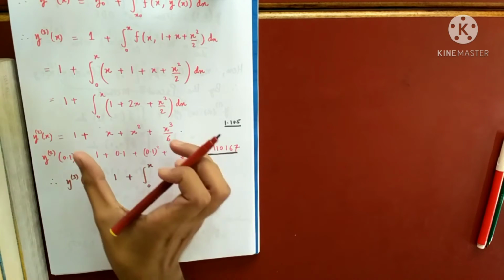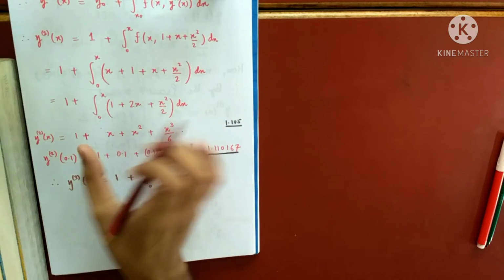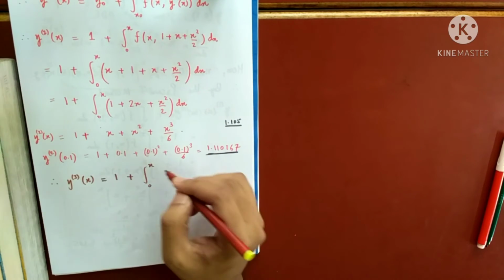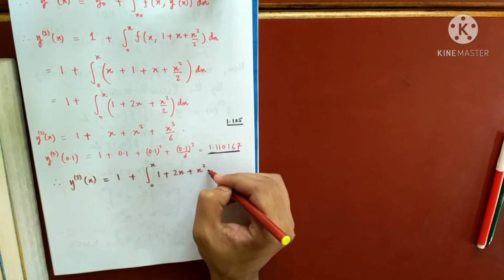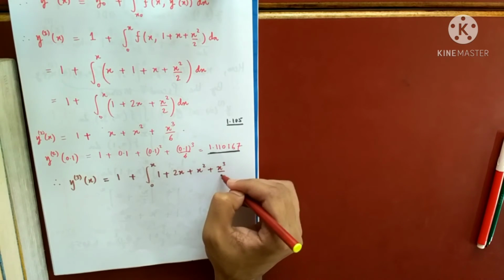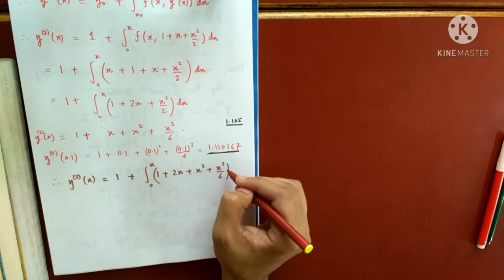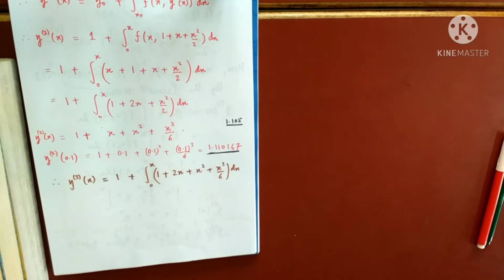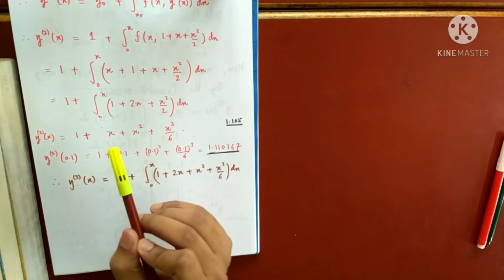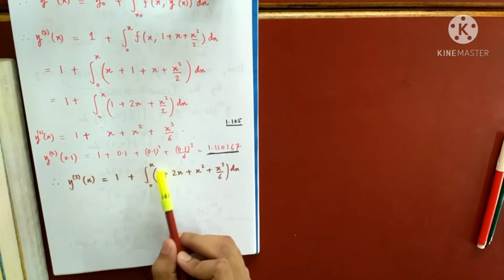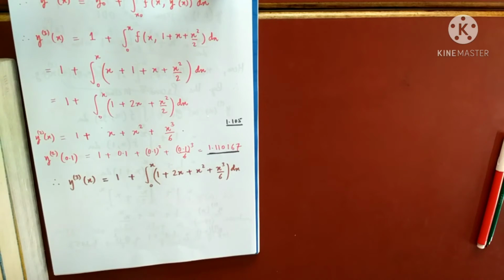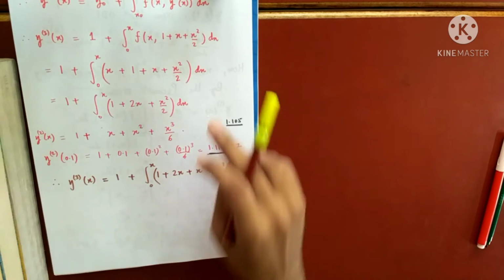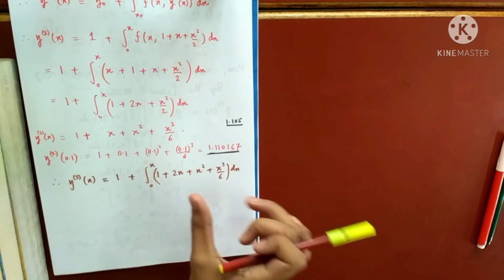Addition of this: x plus this thing, x and x will become 2x. So 1 plus 2x plus x square plus x cube by 6. Again I'll repeat why I have jumped the step. You see, f of x comma this one, and the function is x plus y, so x plus this quantity.